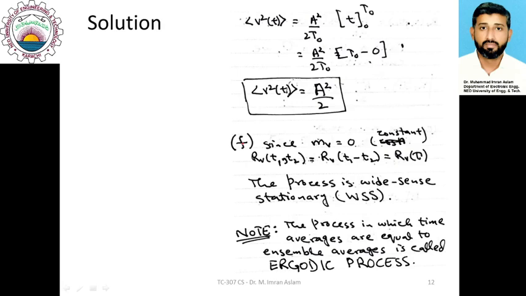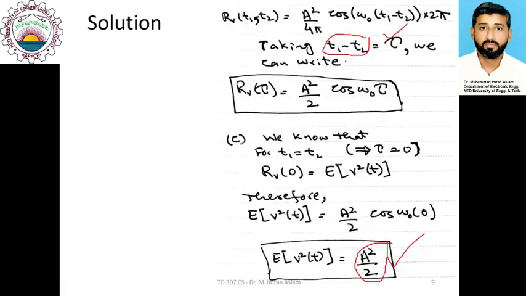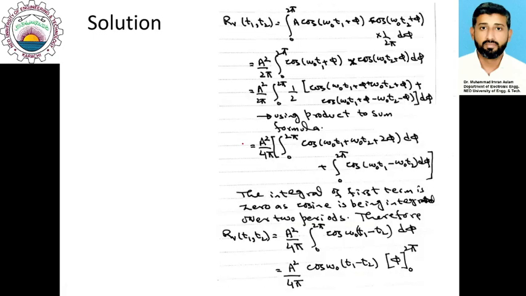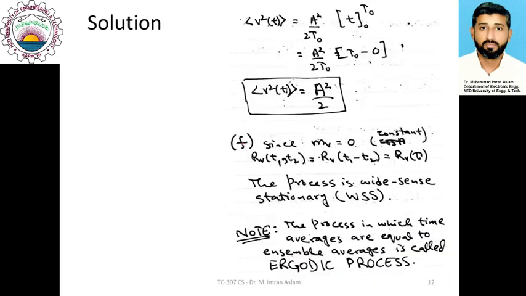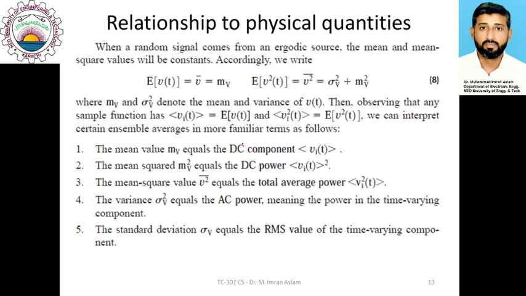So this was a simple problem illustrating how we can calculate the time average and ensemble averages in case of a random process. However, that was a purely mathematical description. I want to shed light on some physical quantities associated with the random process, because we are dealing with signals. The word random process is actually a random signal.